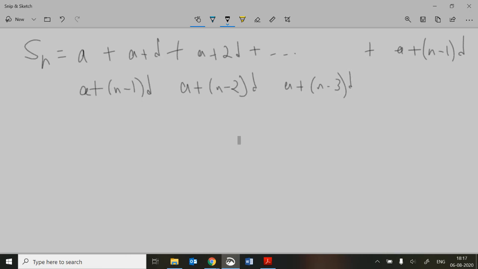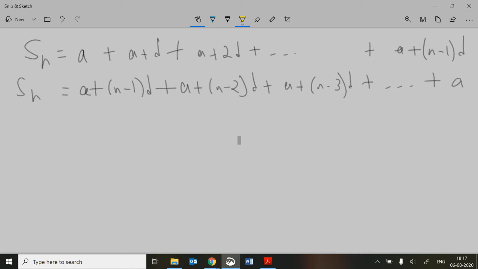So I'm just going backwards in one less lot of d each time, and then plus is all between these. So you see what I'm doing? I'm going from this end this way, writing it in reverse. I'm going to end with this, this, and this. So I've not got much space. I'm just going to write down plus a on the end. But I've written it in reverse. Now that's also Sn. It's the same thing as the thing above, just written in reverse.